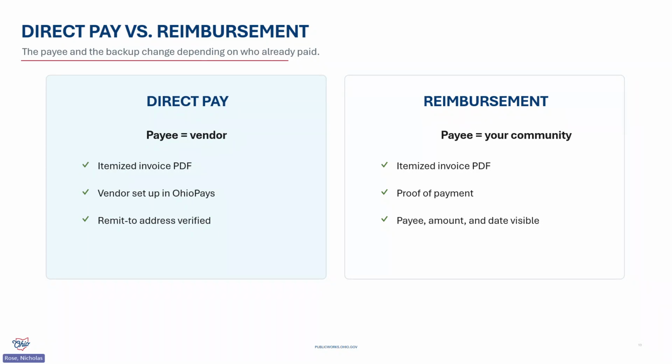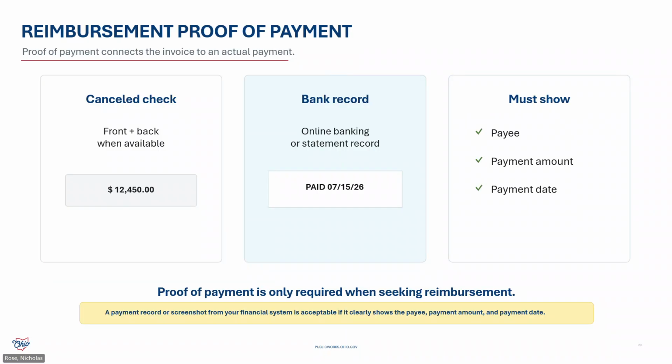First, let's take a closer look at what counts as proof of payment. An invoice and proof of payment serve different purposes. An invoice shows what the vendor billed. Proof of payment shows that your community actually paid it.